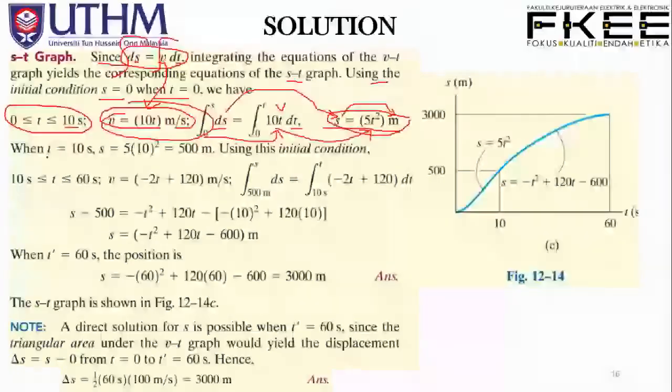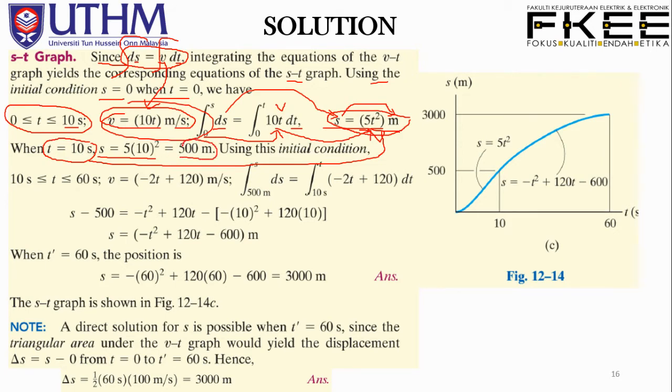And then what happened when t equal to 10 seconds? Similarly, just substitute this t into this equation. So we get s equal to 5 times 10 square, which is equal to 500 meters.